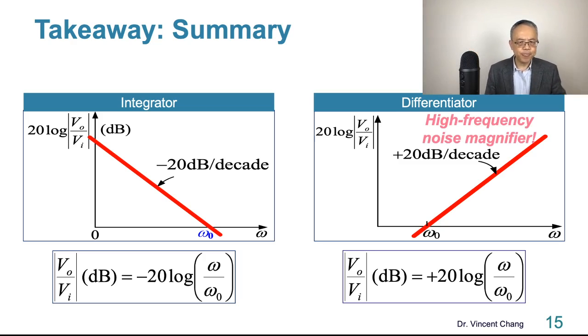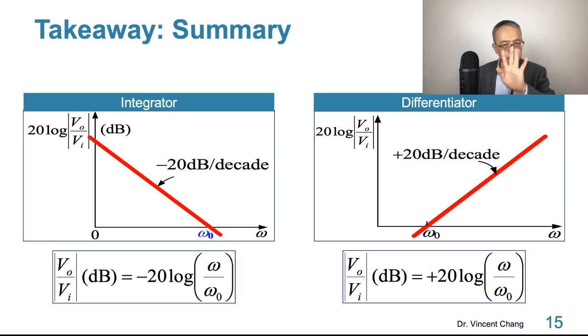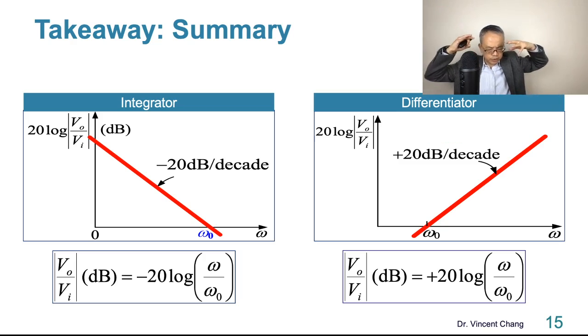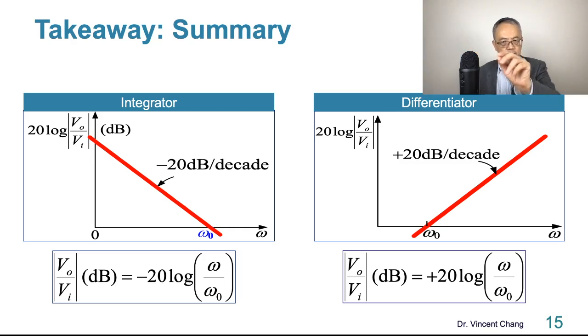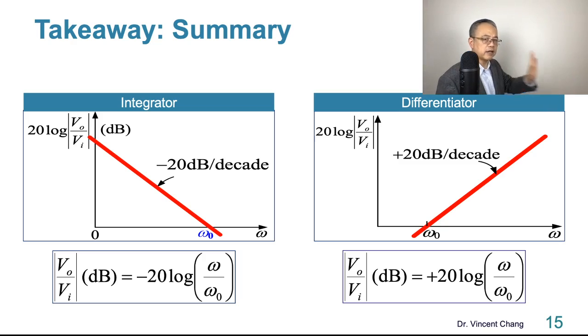Because you see, for the integrator, let's say there's an environment that has some high frequency noise. The integrator is going to decline, it's going to reject those high frequency noises. So the higher the frequency you go, the stronger the attenuation you're going to receive, right?